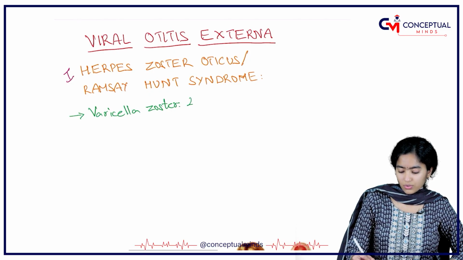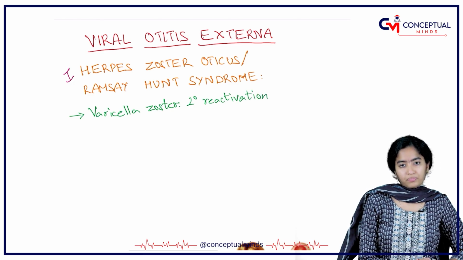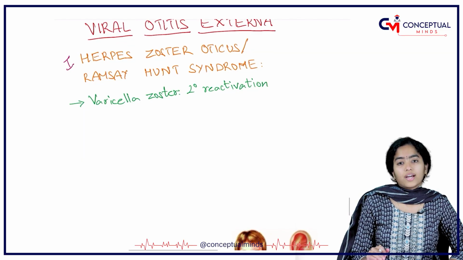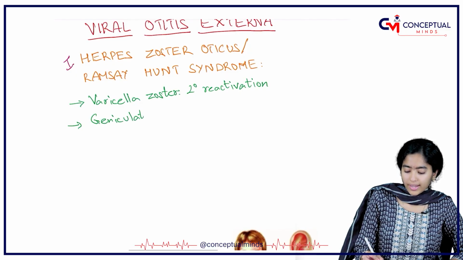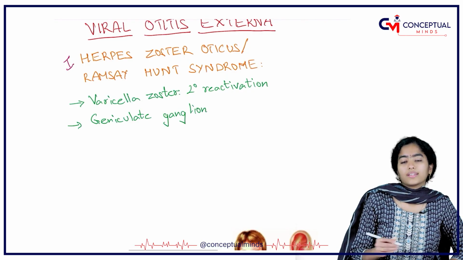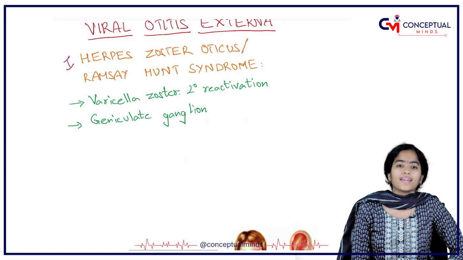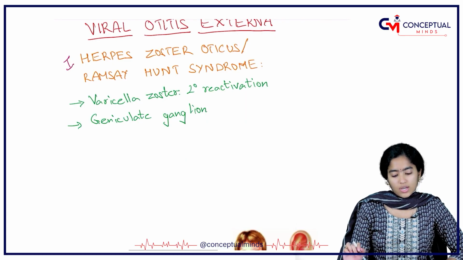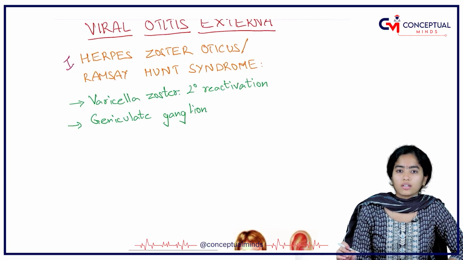It is the secondary reactivation that happens years later, as the Varicella zoster virus is lodged in the geniculate ganglion. It is in the dormant state, and whenever there is a stressor or an immunocompromised state, this virus gets reactivated and it causes symptoms, that is Herpes zoster Oticus or Ramsay Hunt syndrome.